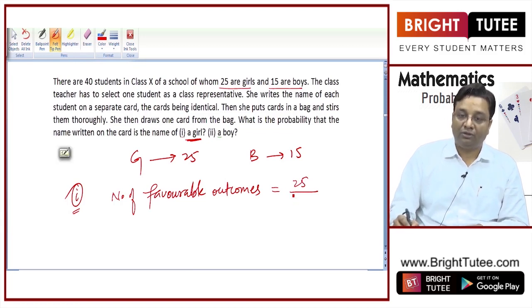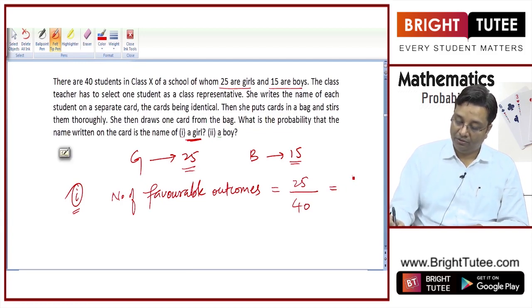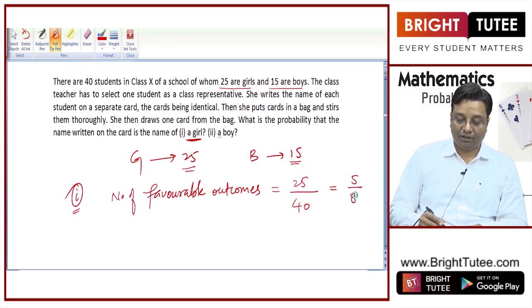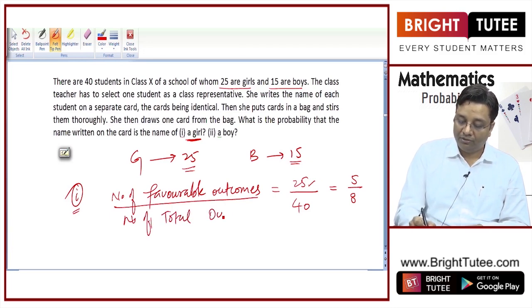What are the total outcomes? 25 plus 15, that is 40. So, it is equal to 5 by 8. The number of favorable outcomes was 25 divided by the number of total outcomes, which was 40.